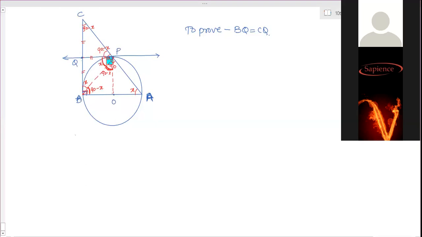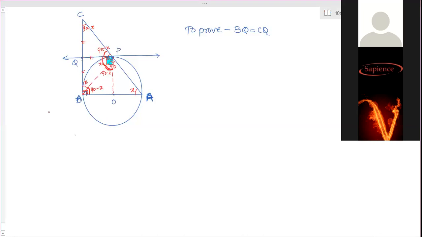So then how much is QPC? 90 minus x, ma'am. And in triangle ABC, A is x, B is 90. So how much is C? 90 minus x. So both are equal.